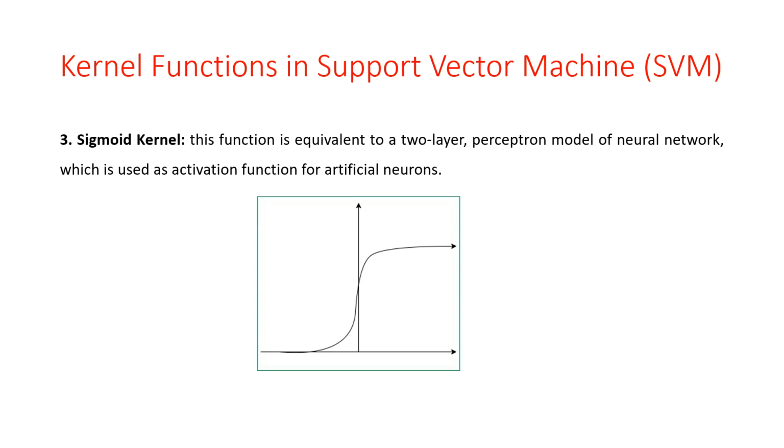In the artificial neural network type of classification, we have an activation function. If you apply the activation function on a given set of inputs, we get the sigmoid structure, the sigmoid graph. So this is the sigmoid kernel.